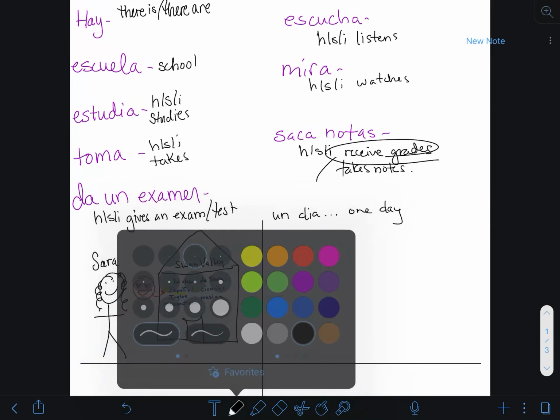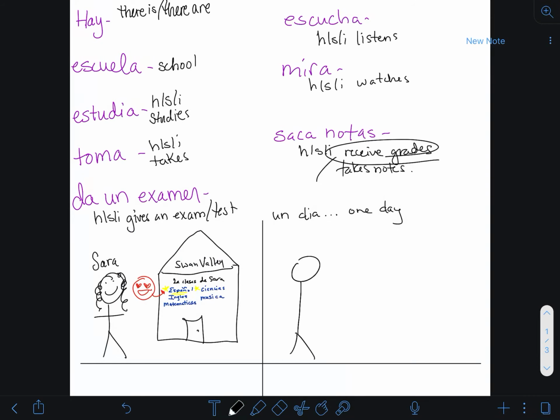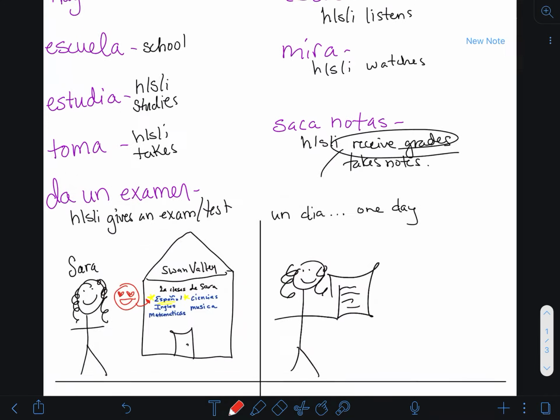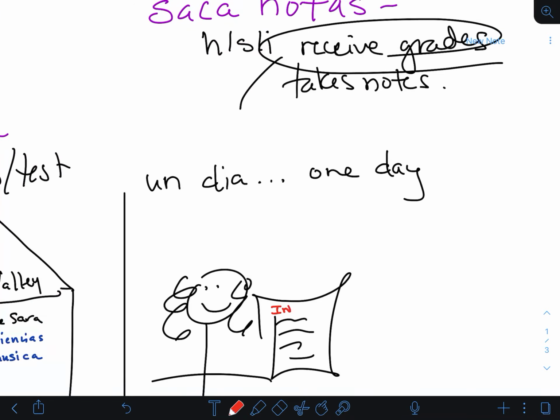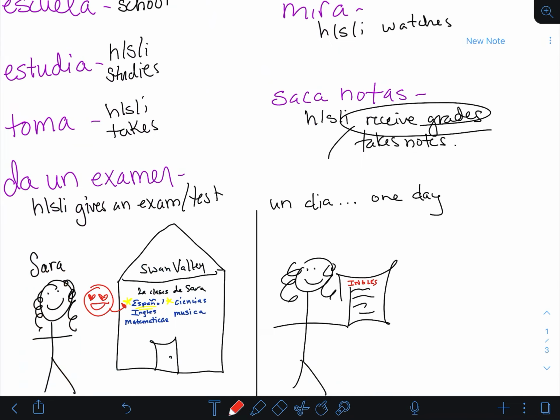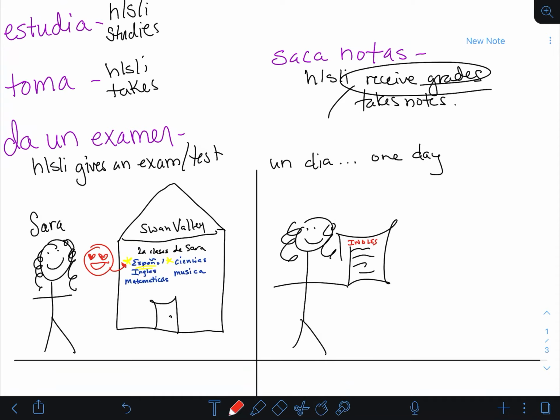Sara estudia mucho. Sara usualmente, right, usualmente saca notas buenas. Y un día Sara toma un examen de inglés, okay? El profesor de inglés da un examen.